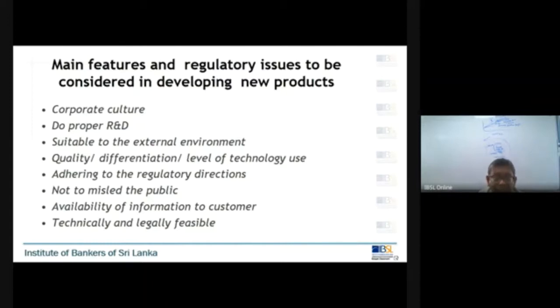So when you're developing a new product, we need to look at some main features as well as the regulatory issues. We're still on one element of the marketing mix, that is product.